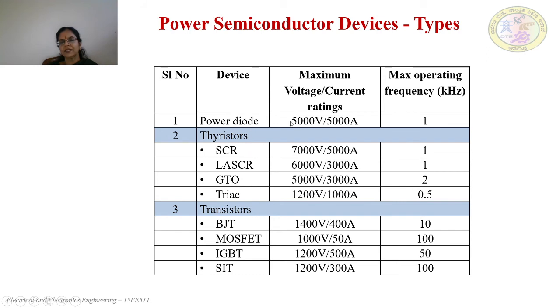Power diode has a maximum voltage of 5000 volts and current rating of 500 amps. The thyristors may be SCR, LASCR, GTO, triac, and their voltage and current ratings are as shown. And the transistors may be BJT, MOSFET, IGBT, SIT, and the voltage and current ratings are as shown in the table.